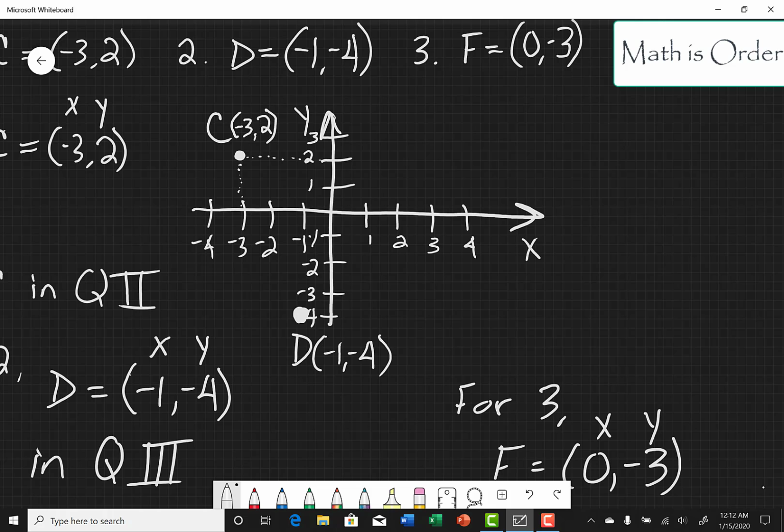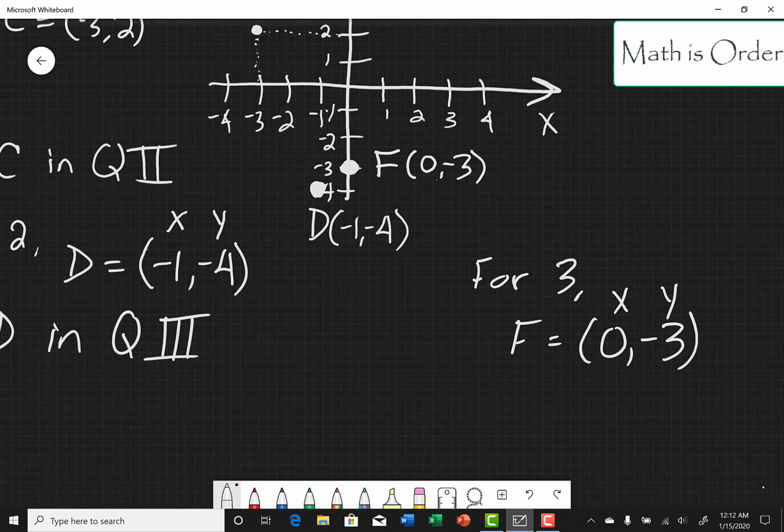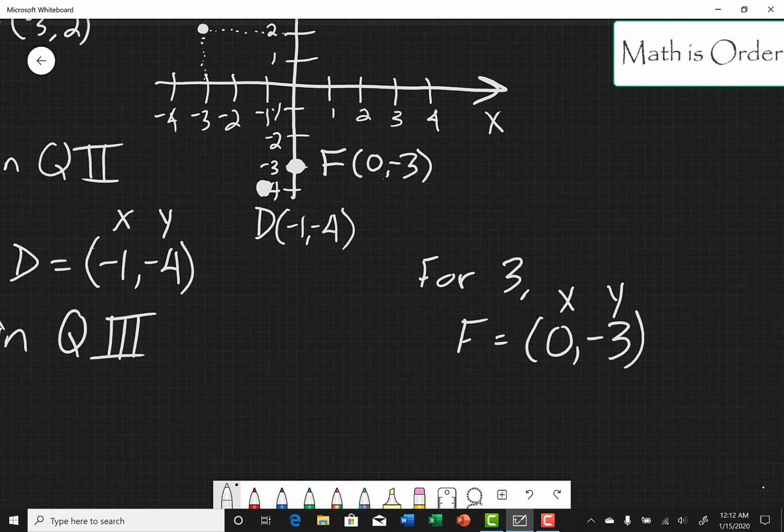But we do go 3 units down along the y-axis. This is the location of F right here, 0, -3. And what quadrant does that lie in? It's not in quadrant 3. It's not in quadrant 4. F lies along the y-axis.